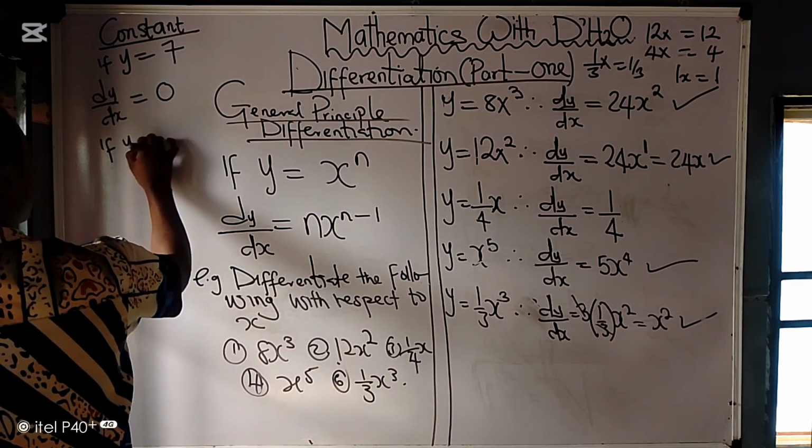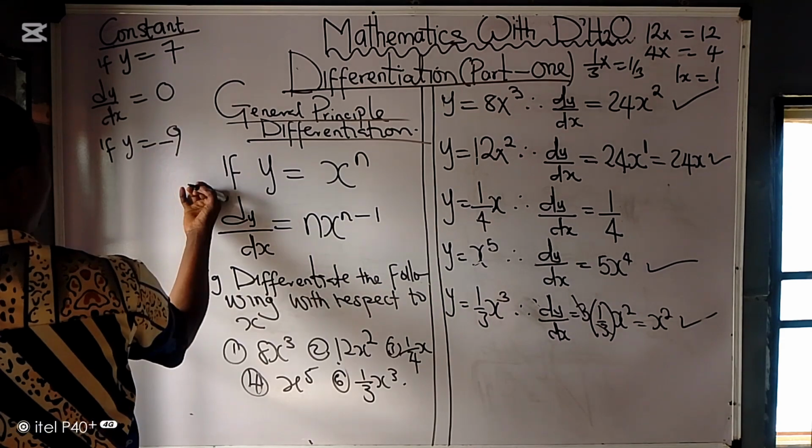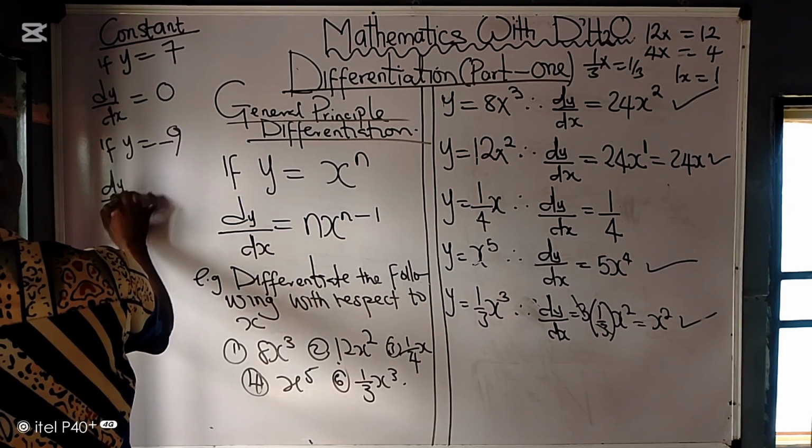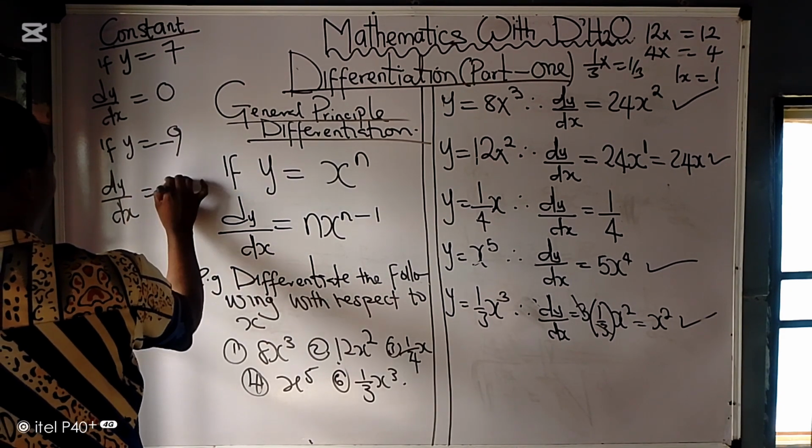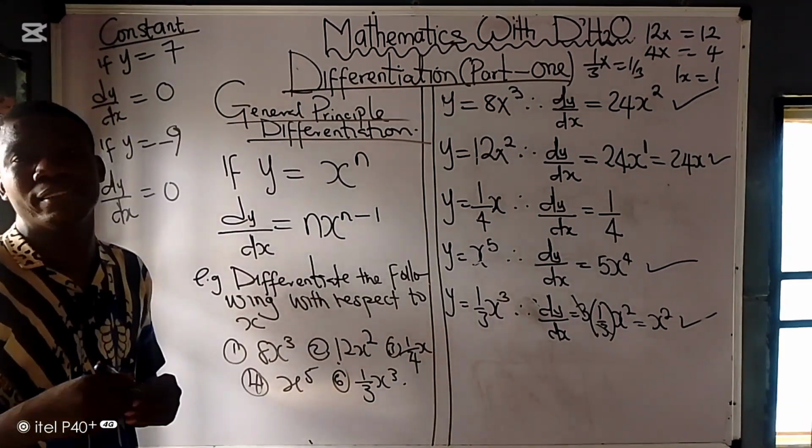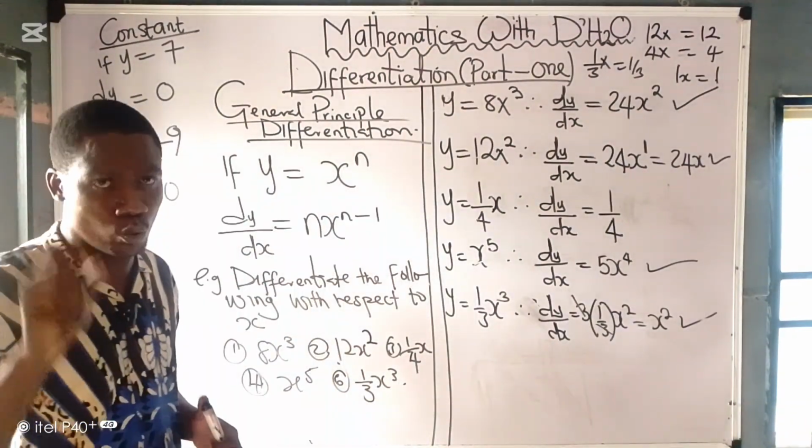If y is equal to 9, or even minus 9, dy over dx is equal to 0. So it should be noted that the derivative of a constant is equal to 0.